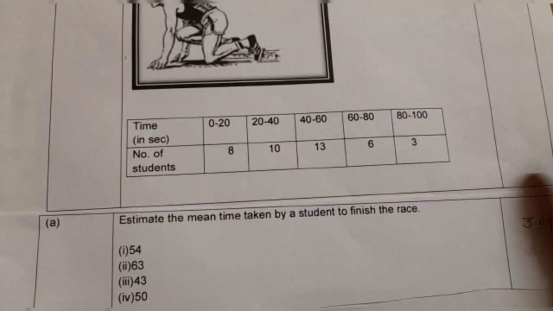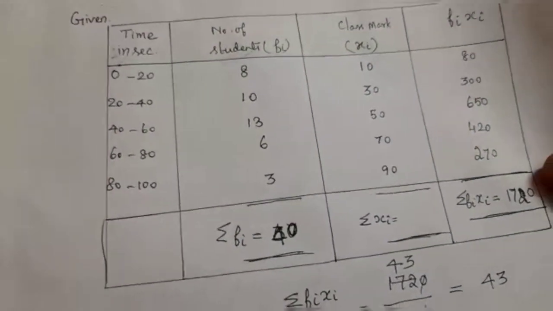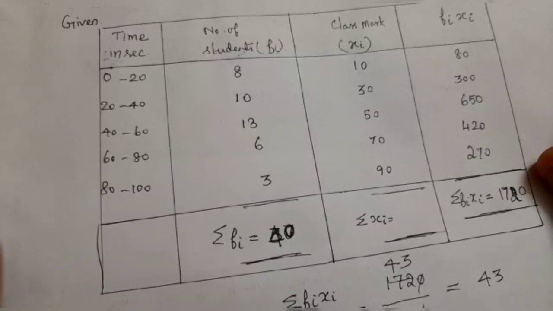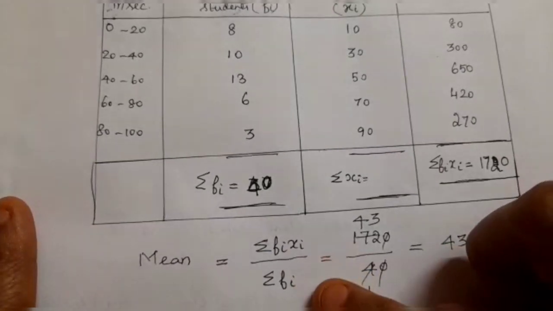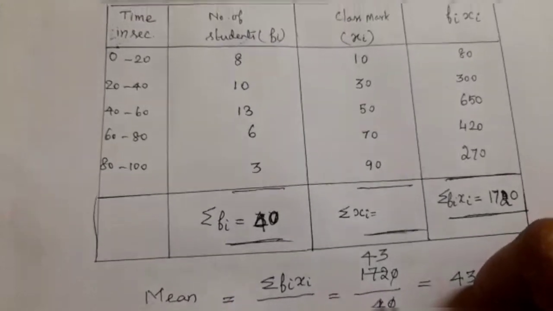We need to find the mean time taken by a student to finish the race. To answer this, we need to tabulate. The mean formula is sigma fi xi by sigma fi.